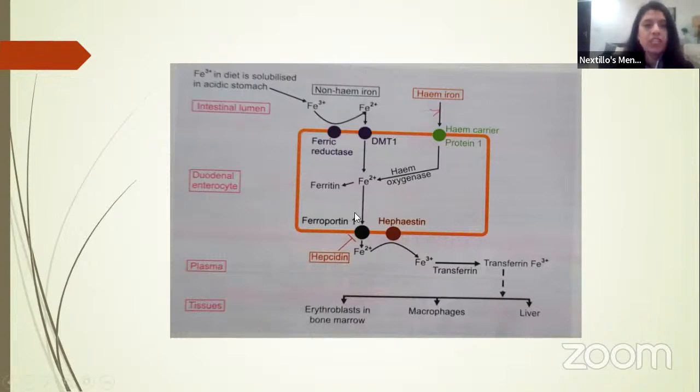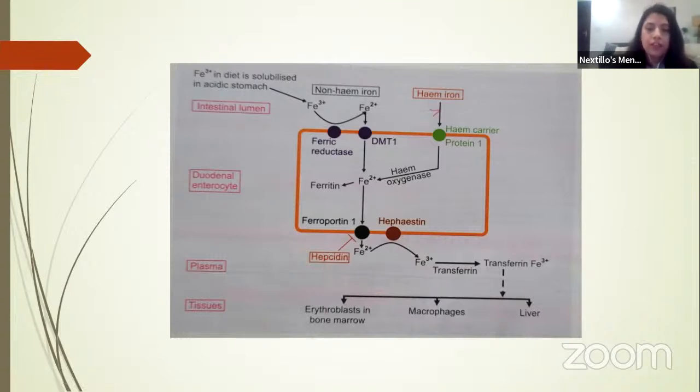How much iron does the body need in the blood to do various functions, be it formation of RBCs or acting as a cofactor in various reactions? So hepcidin decides how much iron it will allow into the blood by blocking or unblocking ferroportin.